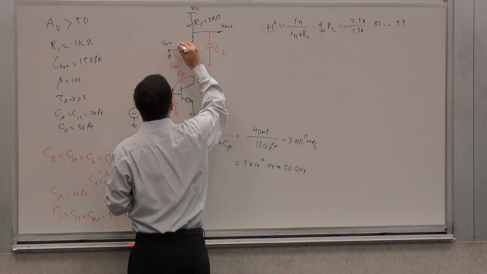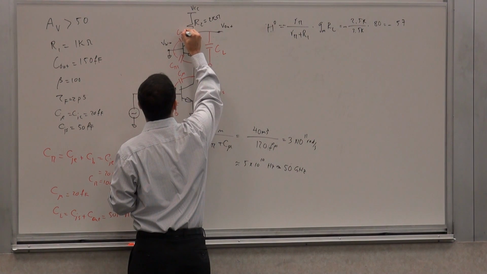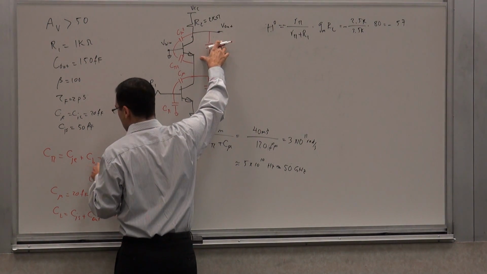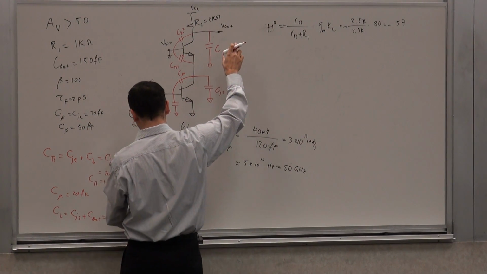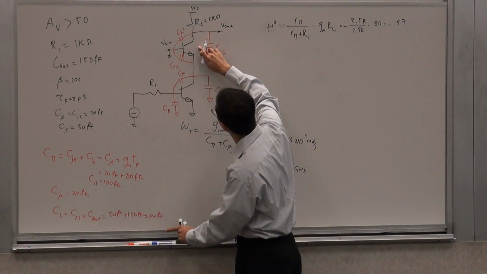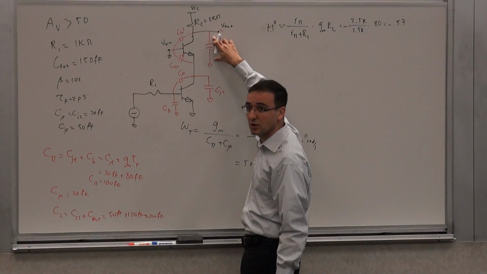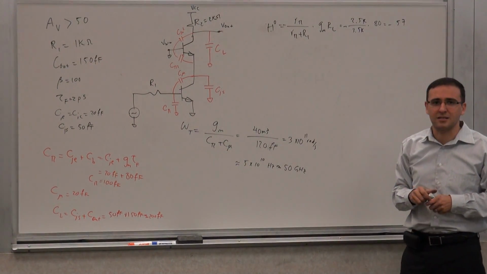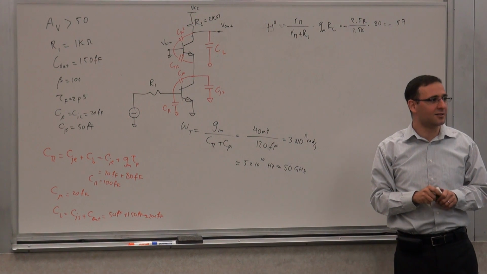And then there's a C mu 2, and then there's another CJS here, which would again be lumped with C out to give you a similar CL. So you get the same CL because I have a 50 femtofarad from the transistor and 150 from the load, 200 out. So there seems to be a lot of capacitors, but how many poles, how many zeros?